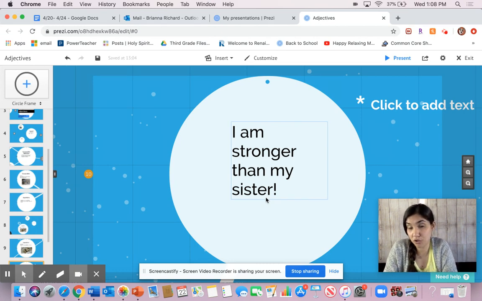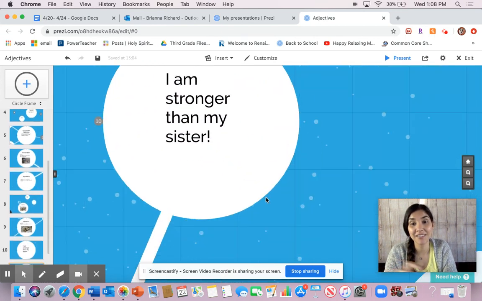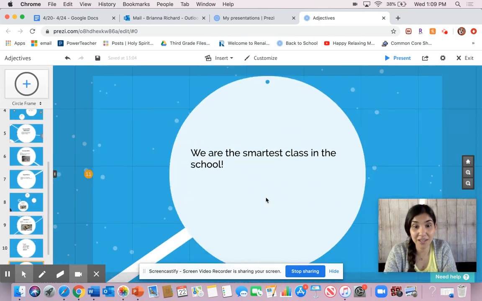Well, I know the word strong is an adjective, and I'm only comparing two things, me and my sister, so I added ER for comparative. Here's a superlative example. We are the smartest class in the school. So in this example, we're comparing our class to all the classes in the school, adding EST to that adjective smart.